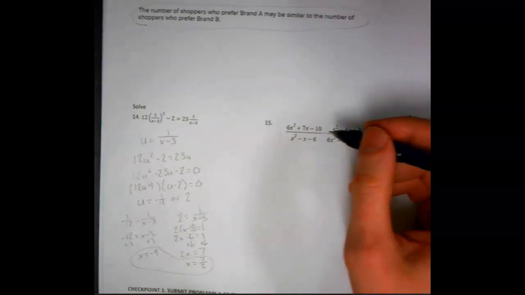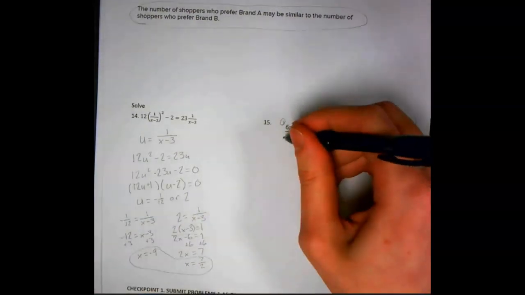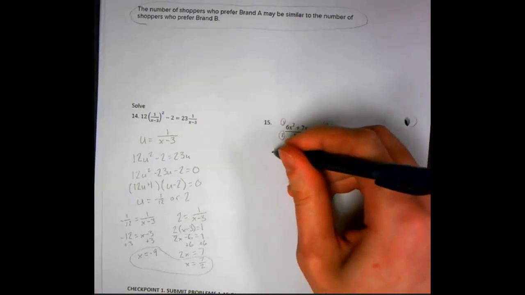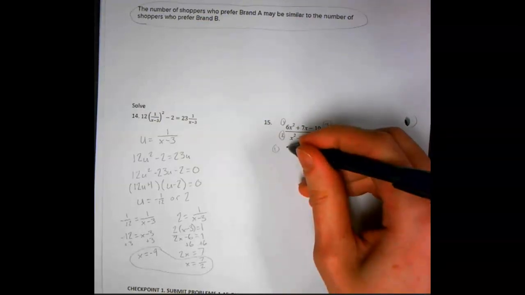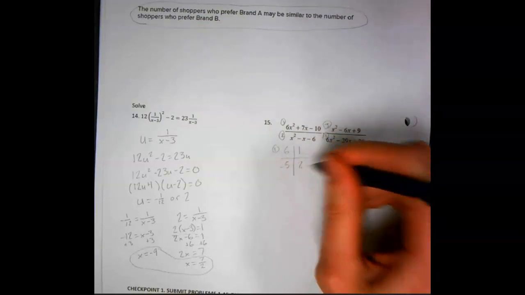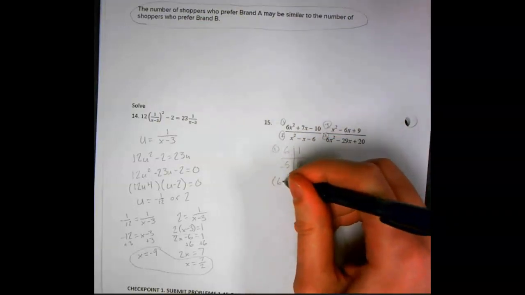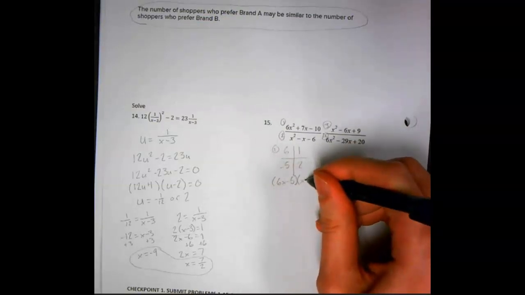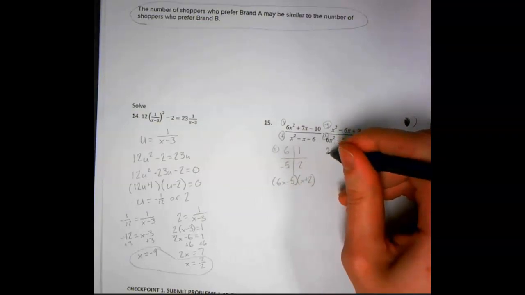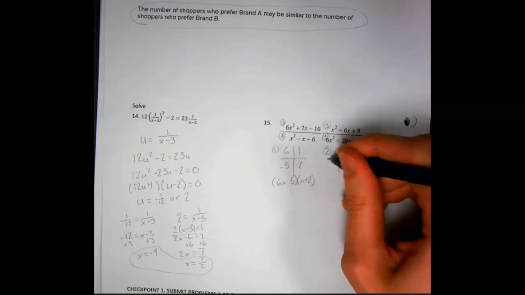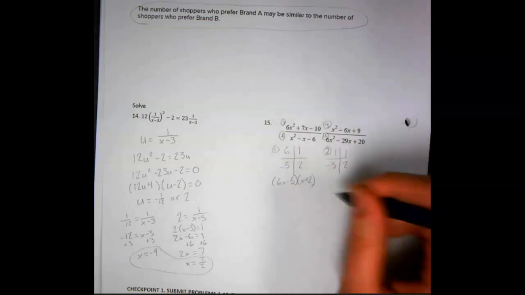For this last one, we are just going to factor this out to start with. So we have 1, 2, 3, 4. For number 1, we're going to have 6 and 1, negative 5 and 2. For our second one, we'll have 1, 1, negative 3 and 2.